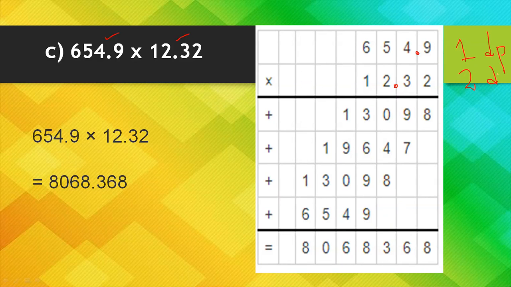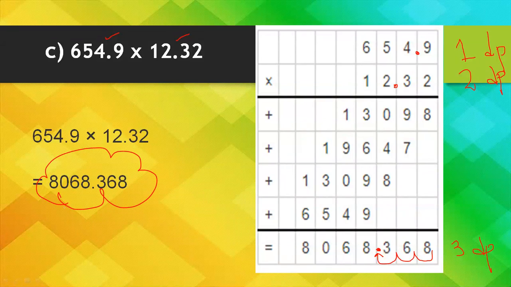It's called 2 dp. And the total will be 3 dp. So, where did the decimal come? After the 3. Okay, start moving. Yes. So there will be the decimal point. So my answer will be 8068.368.